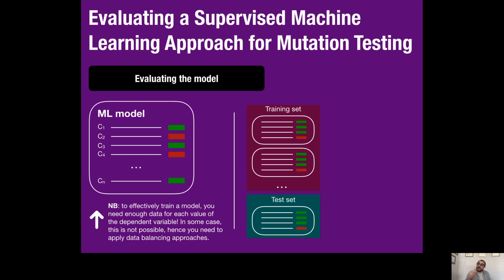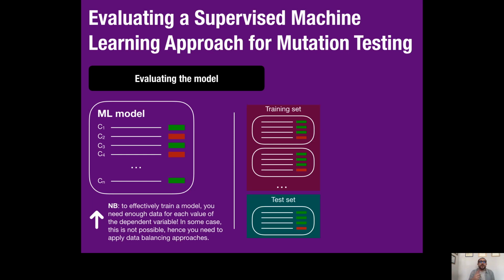What does it mean? It means that you split the original dataset in 10 parts. Nine of them are considered for training the machine learning model. One of them is instead retained as a test set. And what you do is to see whether the model trained on the nine parts of the dataset is able to correctly predict the labels in the test set.